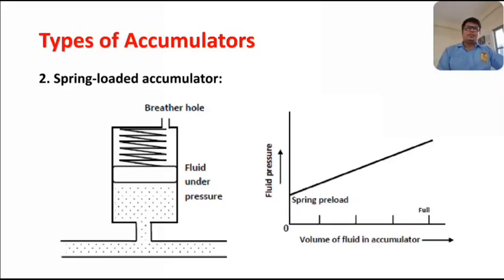So this is the disadvantage of this type of accumulator that you can see in the graph. The relation between the fluid pressure and volume of the fluid in the accumulator is increasing starting from the origin of the graph. So fluid pressure is not constant; it depends on the position of the spring.